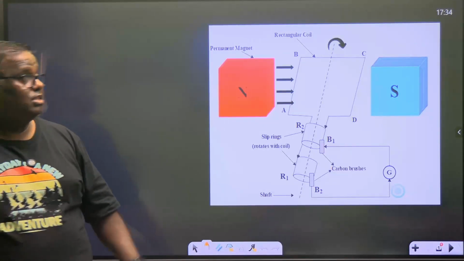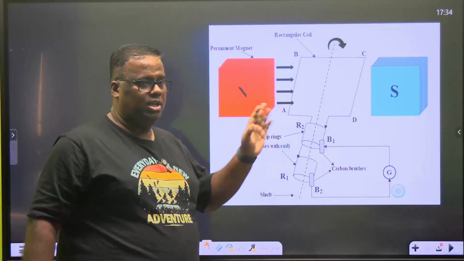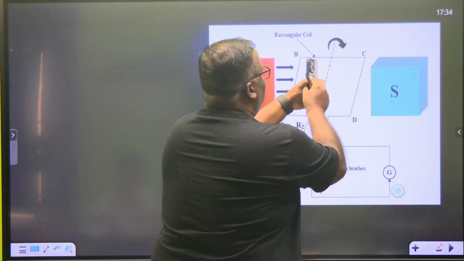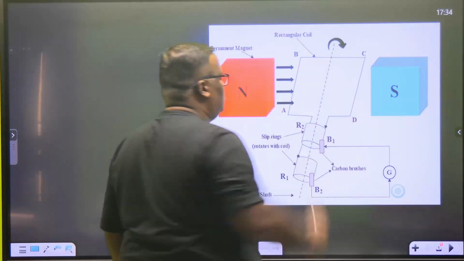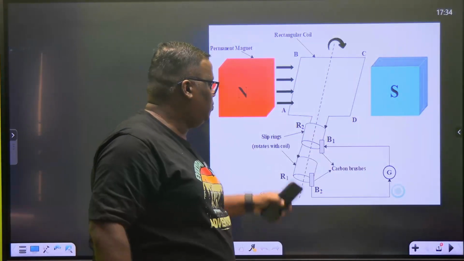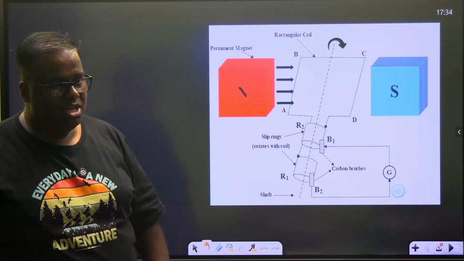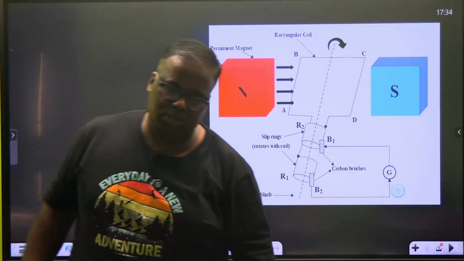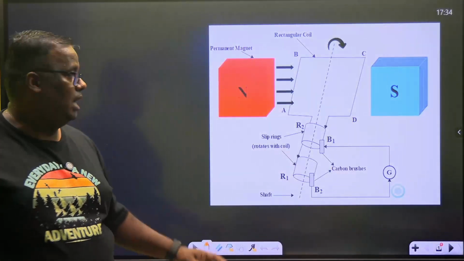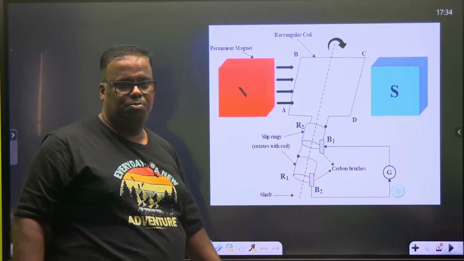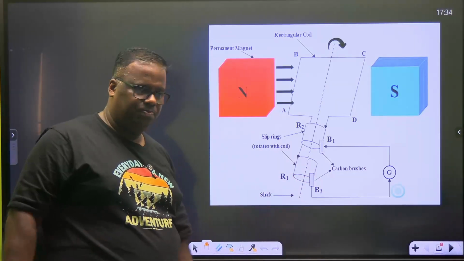Clear? Similarly, the coil will keep on rotating in this manner. When BA is rotating, R1 is an integral part of BA, so if BA rotates, R1 also keeps rotating. And this R1 slip ring is always in contact with the brush B2. Is this understood?